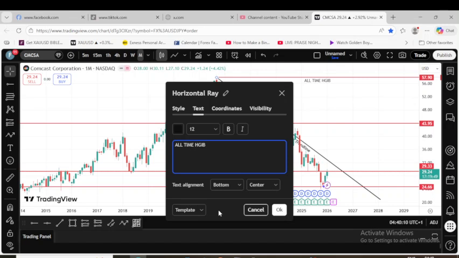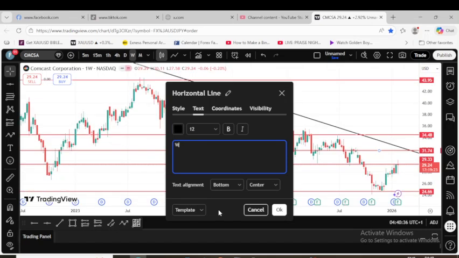Okay, so now we've switched onto the weekly time frame. We're doing the same thing. We're identifying our zones, our regions of support and resistance. These are my weekly zones.